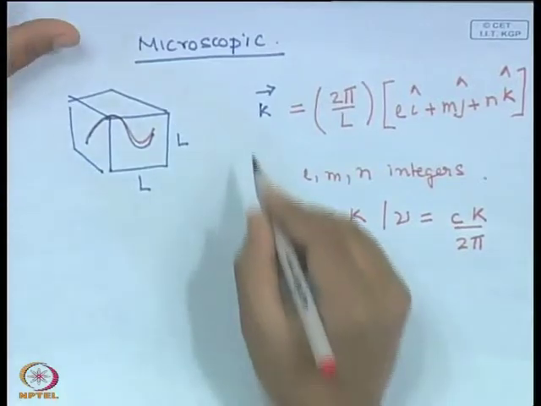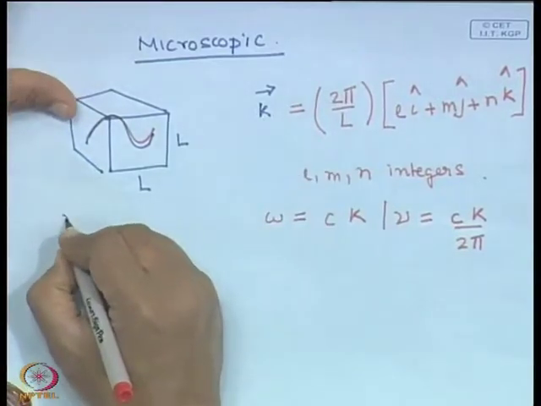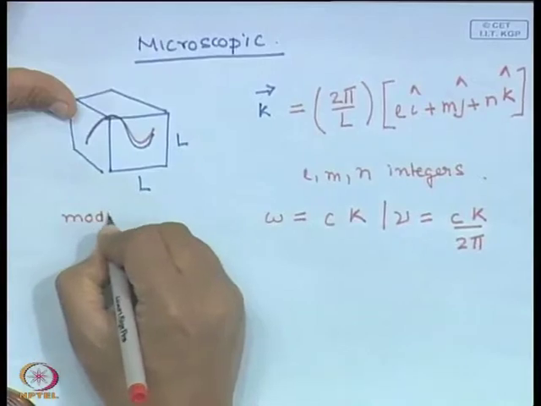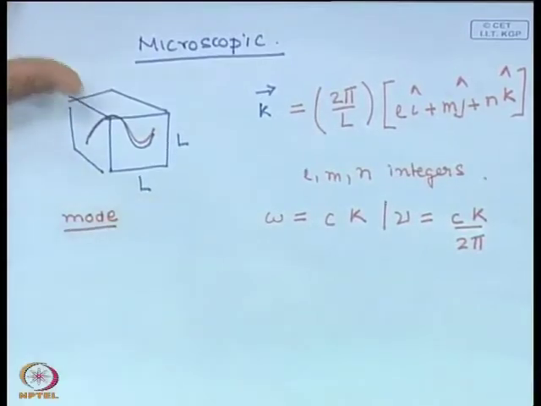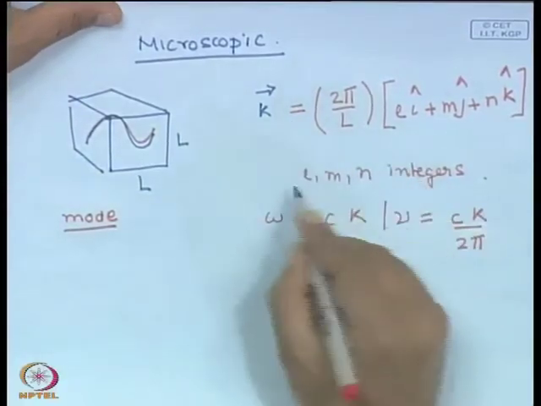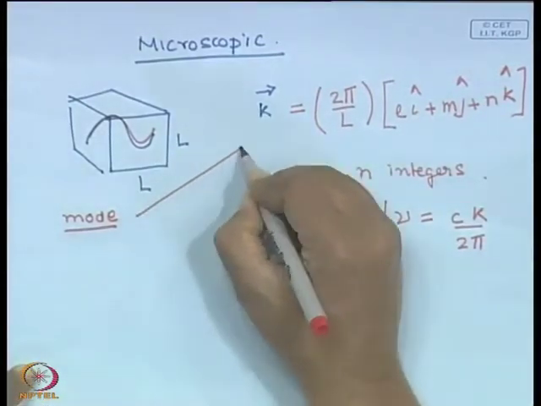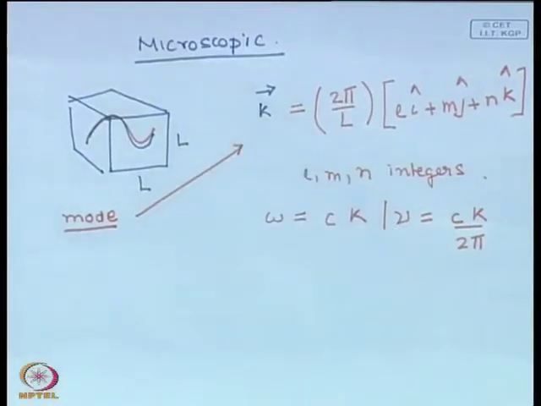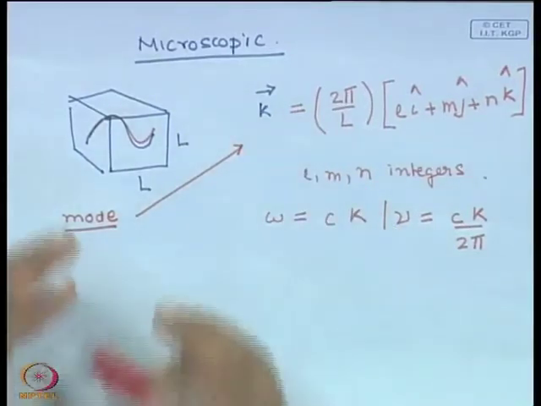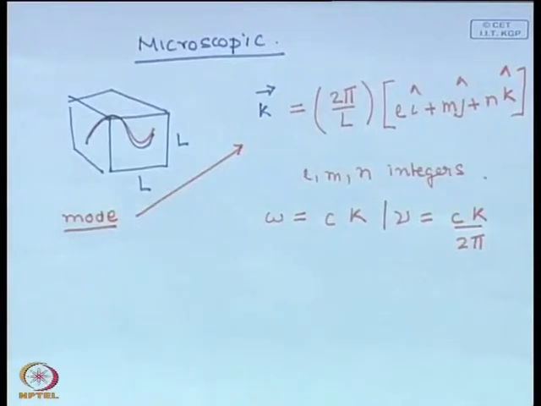So, each such k we are going to refer to as a mode of the electromagnetic radiation. Okay, so, one set of integers is one mode of the electromagnetic radiation. These are the possible modes of the electromagnetic wave that are allowed inside such a cubic box.